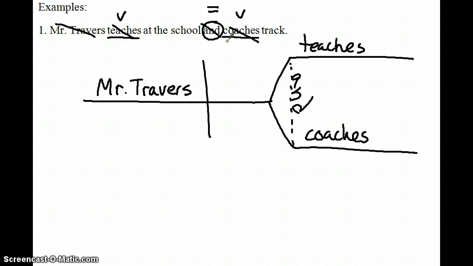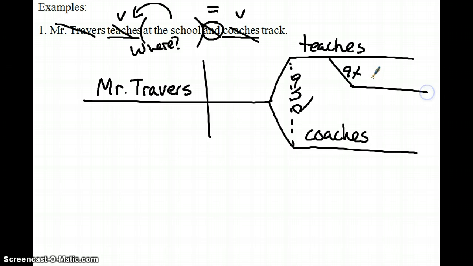Keep track of it. Now I have at the school, which answers the question where he teaches. So that is an adverbial prepositional phrase, answering the question where he teaches. Hopefully you remember how to do that. And last but not least, I have track, which is the thing that he coaches.